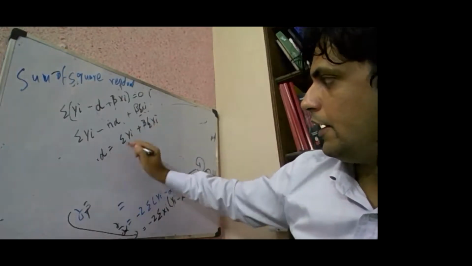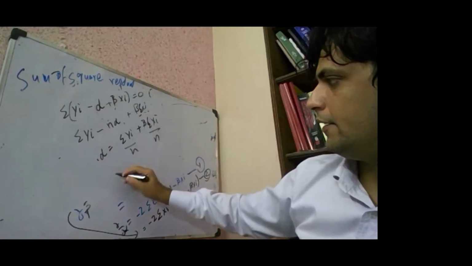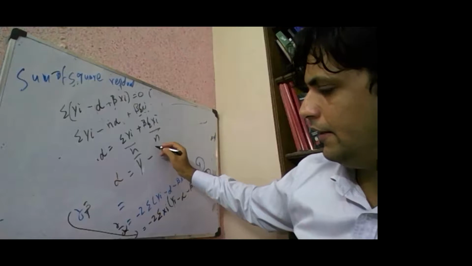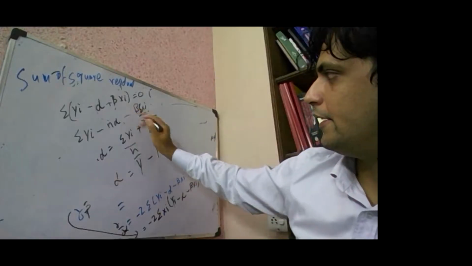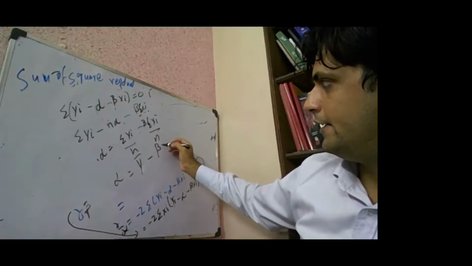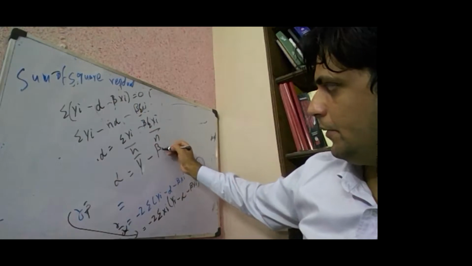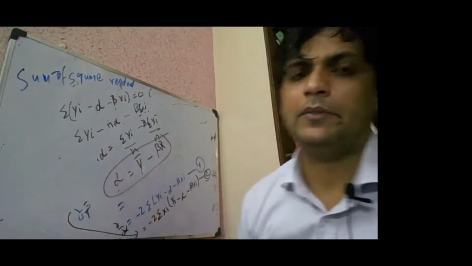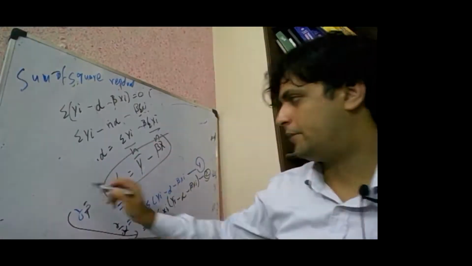So it will be n, it will be n. So alpha can be y bar minus beta into x bar, because when we open the bracket it's minus. So that's our intercept. That's the value of our intercept.